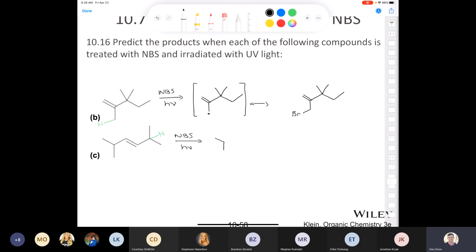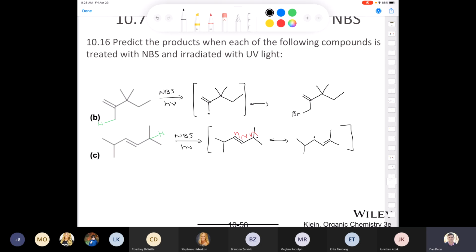So if I draw the intermediate that's produced, it's going to look like this, okay? I have that tertiary allylic radical, but this is resonance stabilized. So let's draw the resonance contributor, draw the resonance arrows, and then what I'm going to end up with is something that looks like this. Or I have the radical over here, right?